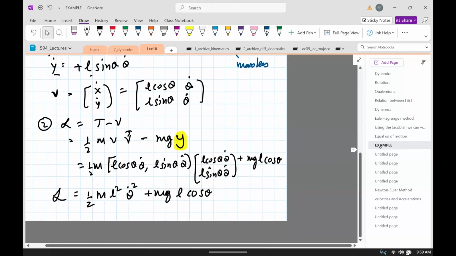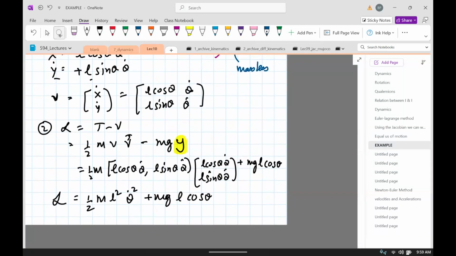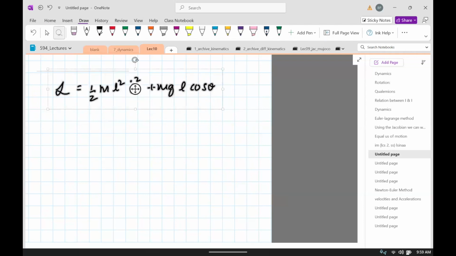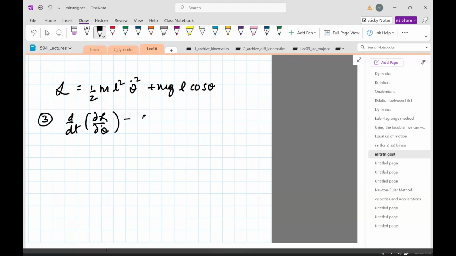Okay, so let's take this and compute the equation of motion. Just for reference, step 3: d dt of dL d theta dot minus dL d theta equals all the external forces.